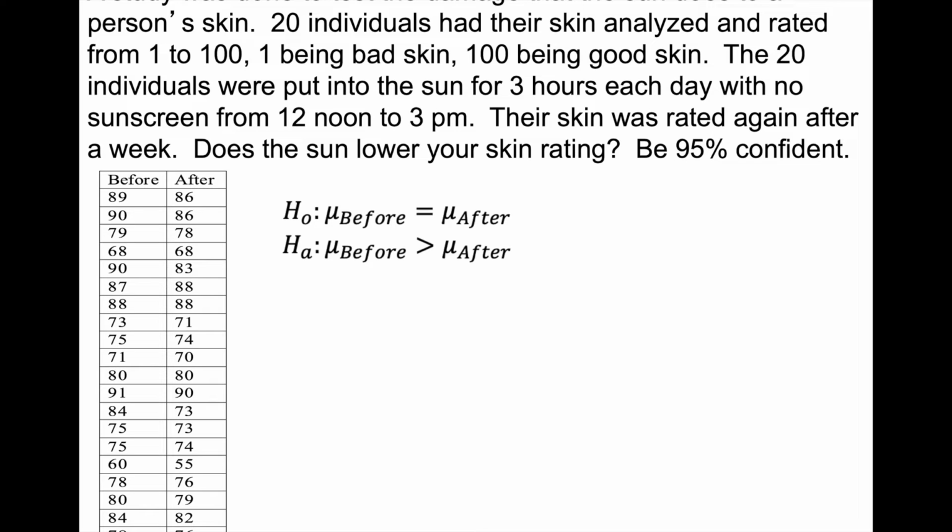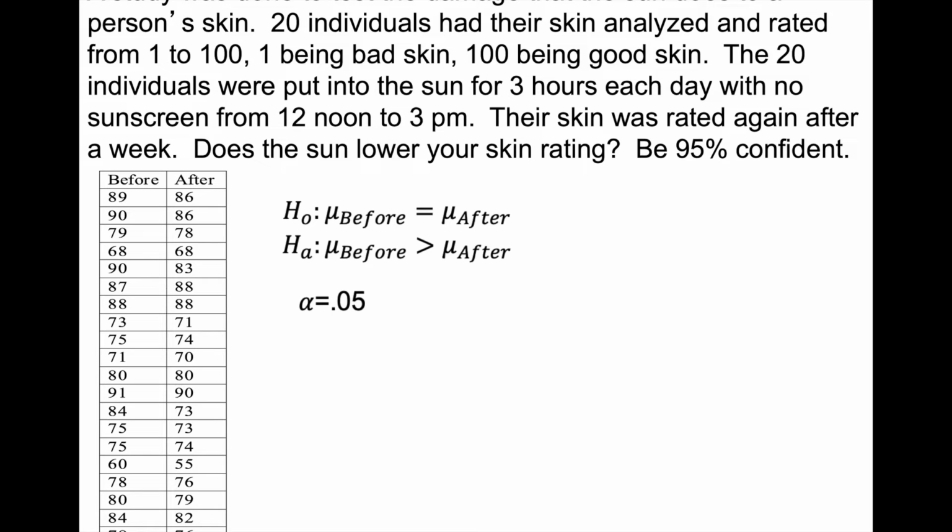Our null and alternative, we have our null being mu before equal to mu after. So null is always going to be equal to. The alternative is mu before is greater than mu after. Okay, so we're assuming that the sun is going to hurt your skin rating. The sun is going to make it a lower skin rating. Now, since we are going to be 95% confident, that means our alpha level is going to be 0.05.